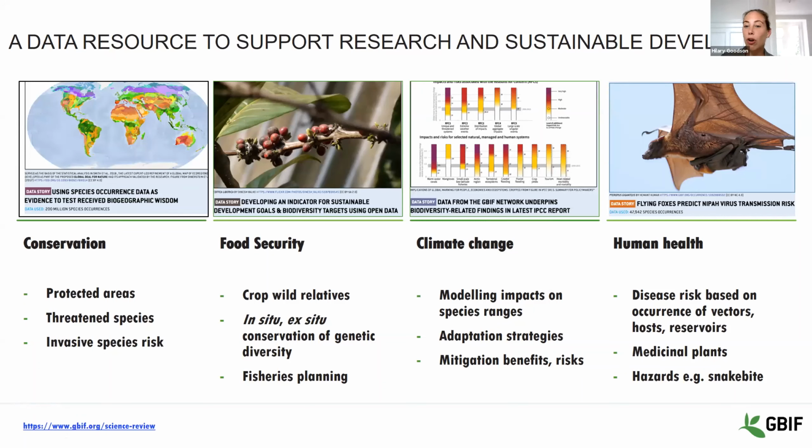We're supporting action on climate change through helping to model how these species' ranges will change under different climate change scenarios and the impacts of measures to mitigate that, for example, increased production of biofuels and hydropower. And, very timely, we're supporting human health by tracking distribution of species that act as vectors, hosts and reservoirs of diseases.